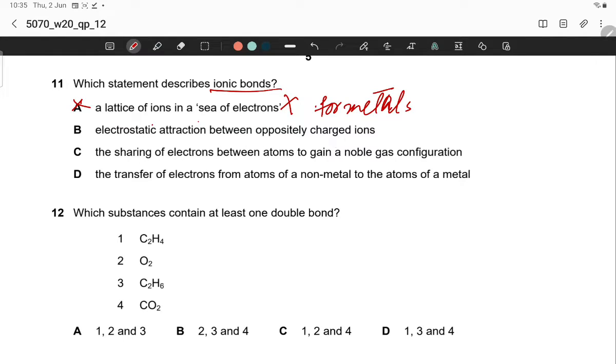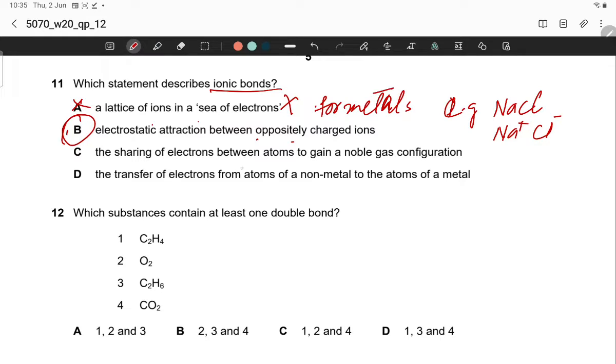Electrostatic attraction between oppositely charged ions. This is the correct option. An ionic bond has a strong electrostatic force of attraction between oppositely charged ions. For example, in sodium chloride, sodium carries a positive charge and chloride carries a negative charge.